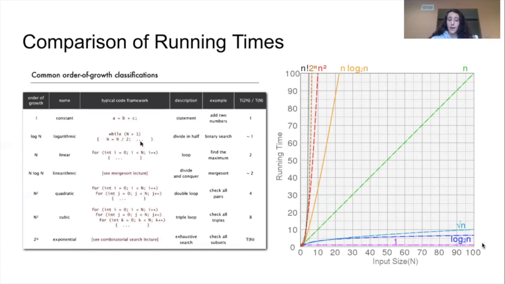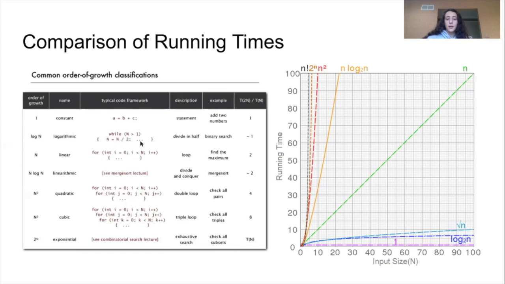That is just flat. Next, another important one is log n, called logarithmic. An example of this is binary search. In binary search, you have the number of data points inputted, and it is divided in half every time until you get the one point you are looking for.